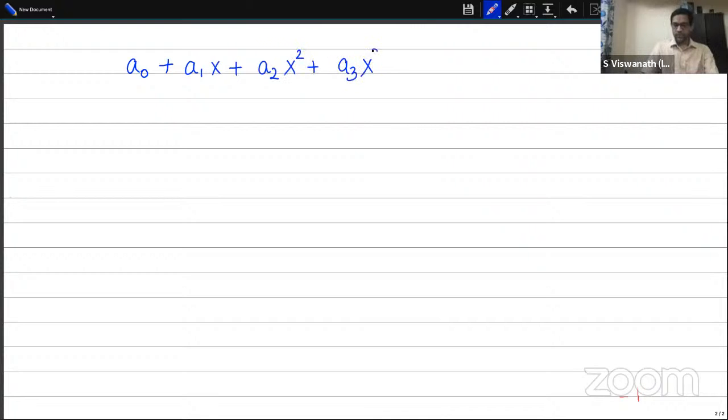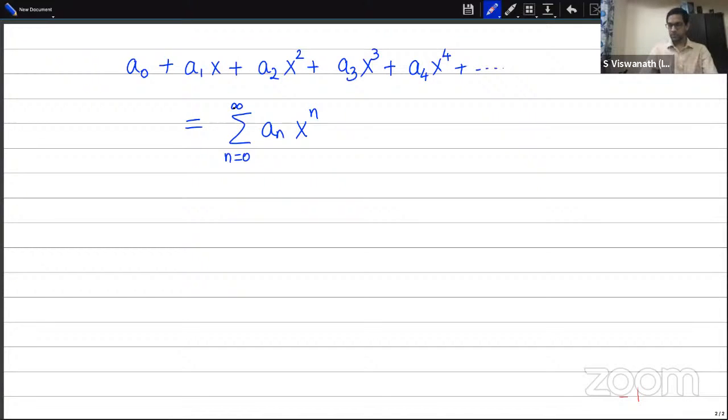which is the following object. In other words, I'm forming the sum of a(n) x to the power n. So what sort of object is this really? x is a variable.